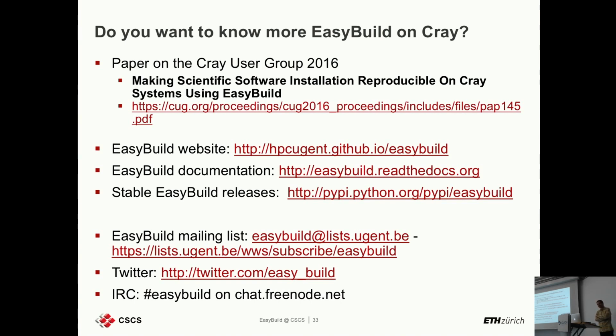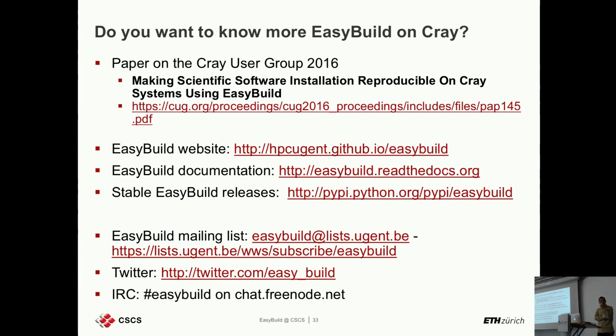So we try to talk with Cray. They are not very open to supporting other software, especially if they realize that it could replace their software stack. It's something that they sell. It's a selling point of the Cray that the software stack is provided by them. Then they are not really happy. At least they didn't seem very happy to support us on using EasyBuild.